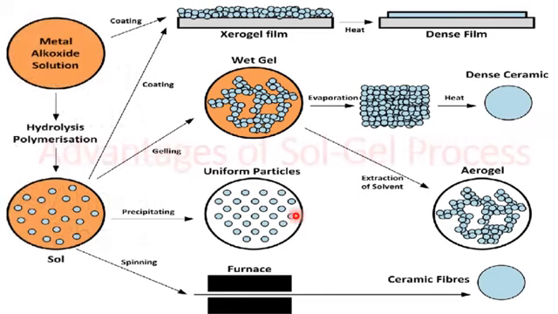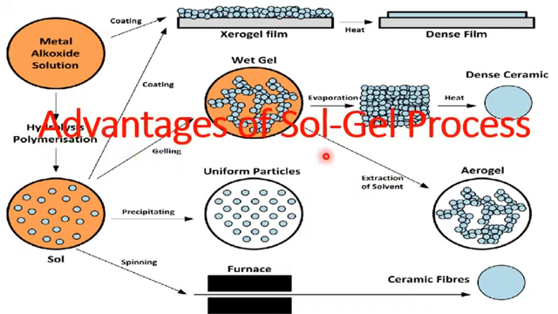So, student, what do you think? What are the advantages of sol gel process? As I have previously discussed, nanoparticles, nanomaterials or thin films may be prepared by wet chemical solution processes, and some examples of wet chemical solution processes are sol gel process, microemulsion or miniemulsion process, and chemical co-precipitation processes.